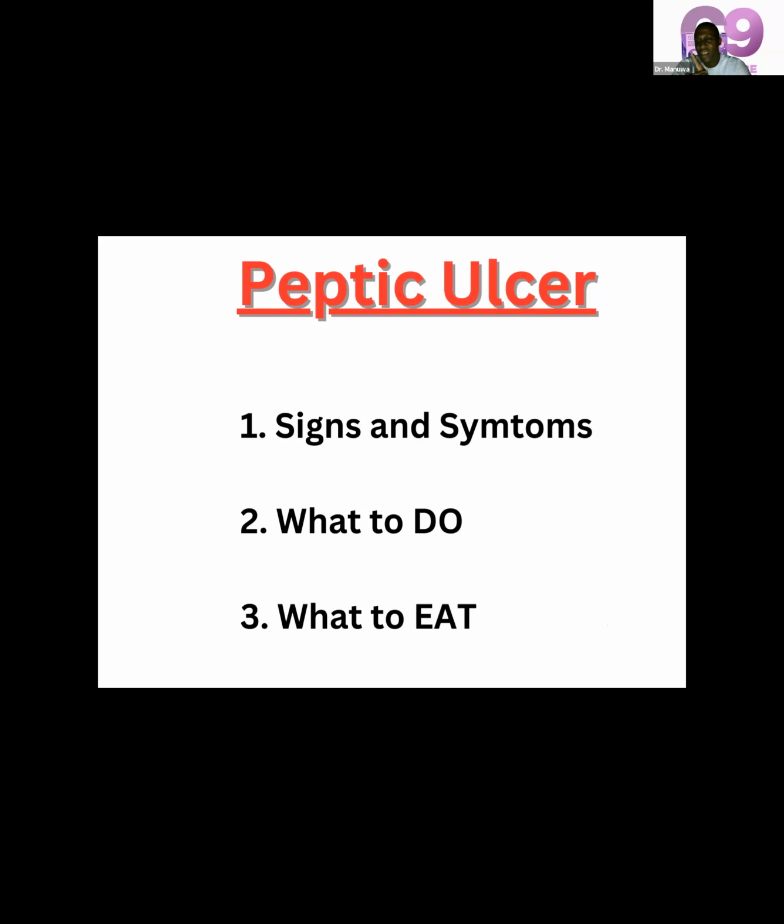regularly be checking your H. pylori, because it's endemic. It's very common in our environment. The bacterial causative agent for peptic ulcer, you should be checking it regularly in your blood. It is not expensive.